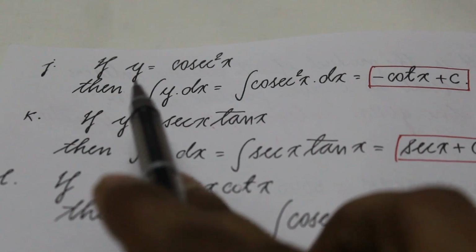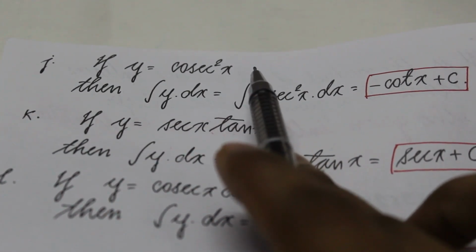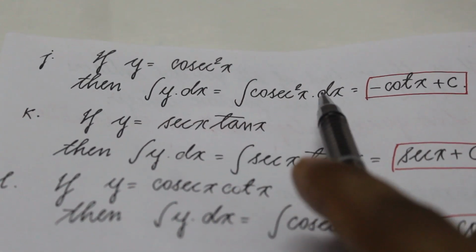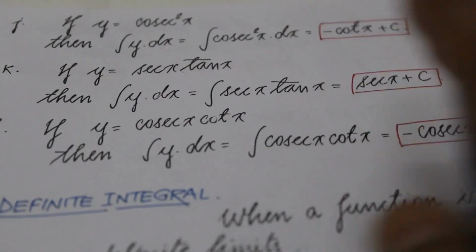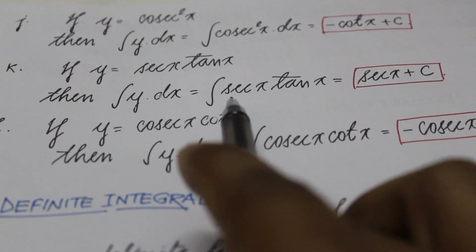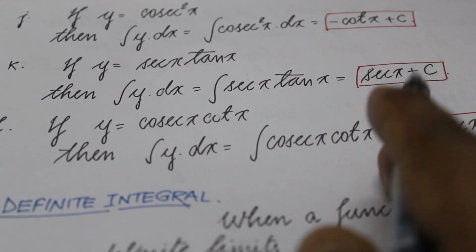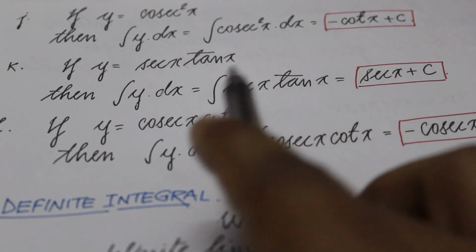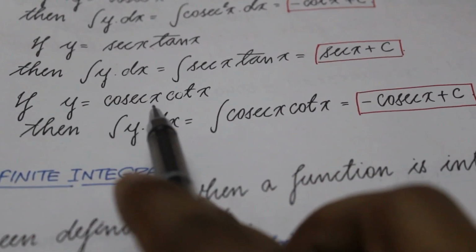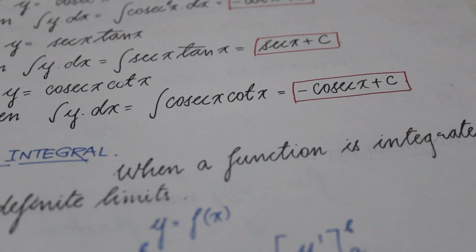Moving on, if y is equal to cosec square x, as we know, differentiation of cot x is minus cosec square x, so integration of cosec square x will be equal to minus cot x. Similarly, if y is equal to sec x tan x, then integration of sec x tan x dot dx will be equal to sec x, as differentiation of sec x is sec x tan x. Similarly, y is equal to cosec x cot x, its integration will be equal to minus cosec x plus c.